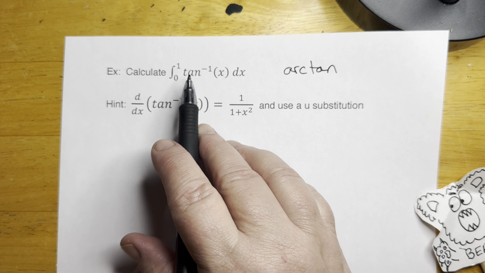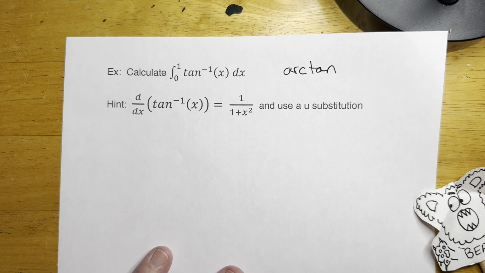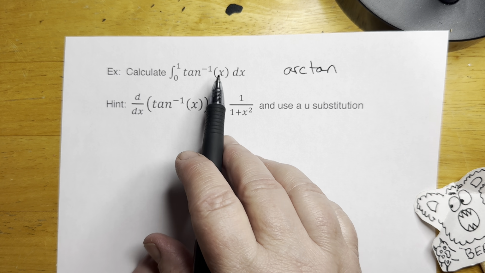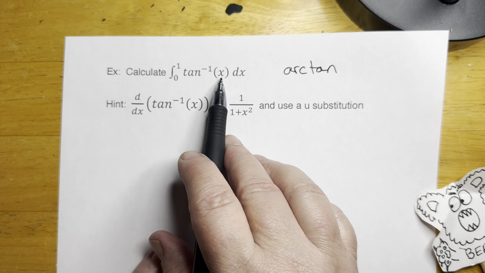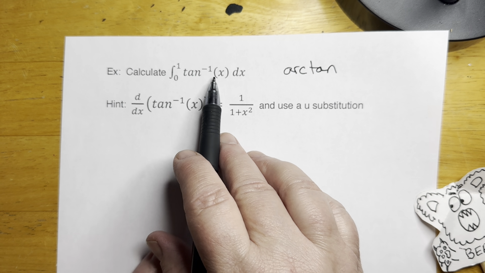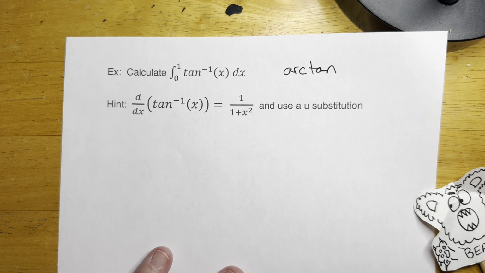So instead of being tangent of an angle measurement, this is what the tangent was, and arctan of this gives us the angle. So it's kind of an interesting little creature. Now you'll probably have noticed we have not worked with this yet, and the reason we haven't is because it is not simple. It had to wait until now. In order to work with it, we're going to use integration by parts.